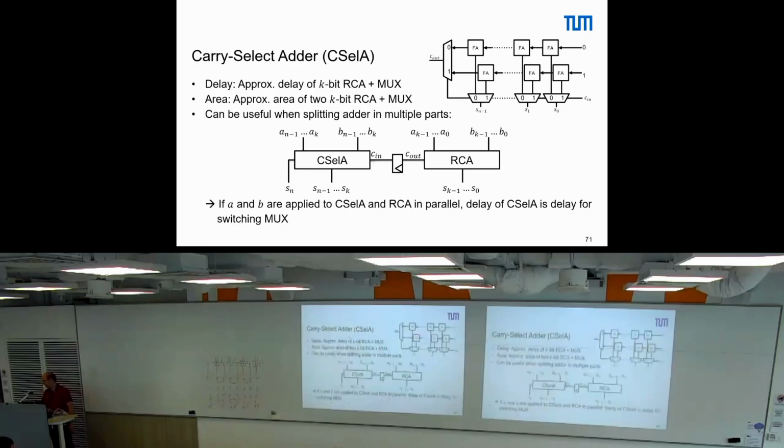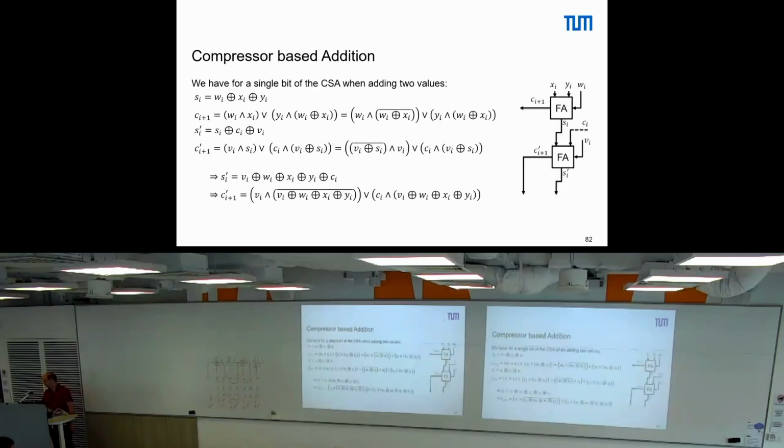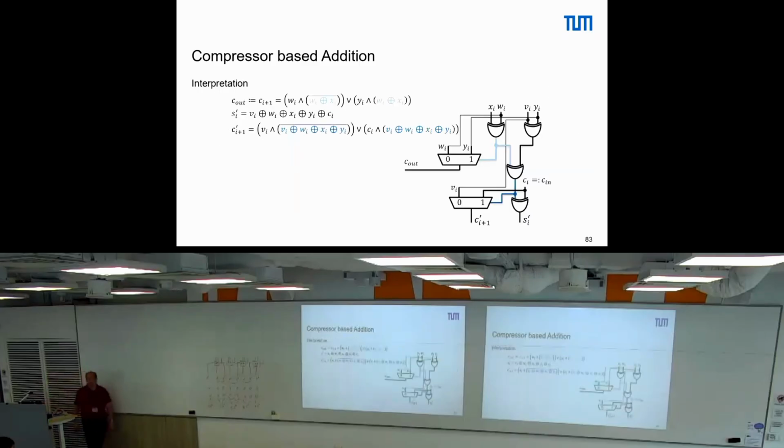And then we had this compressor where we did a small trick to convert effectively two subsequent carry-save adders mathematically into an XOR multiplexer structure, which is then more efficient to implement. That's effectively all.